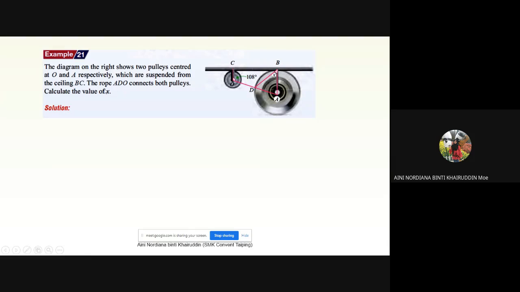The rope ADO, this straight line, connects both pulleys. The rope connects two pulleys, calculate the value of X. So you want to calculate the value of X here. Also given this angle is 108.